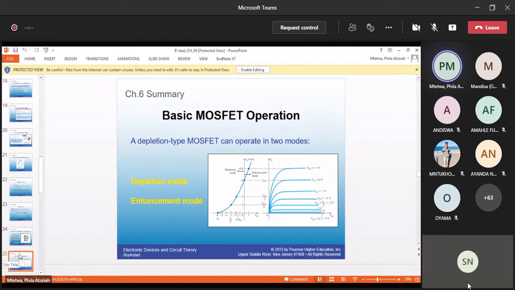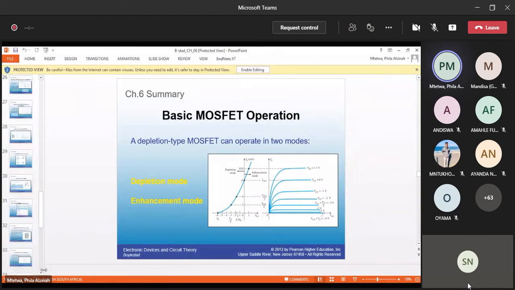The MOSFET, as I've said, can operate in a depletion mode or an enhancement mode.